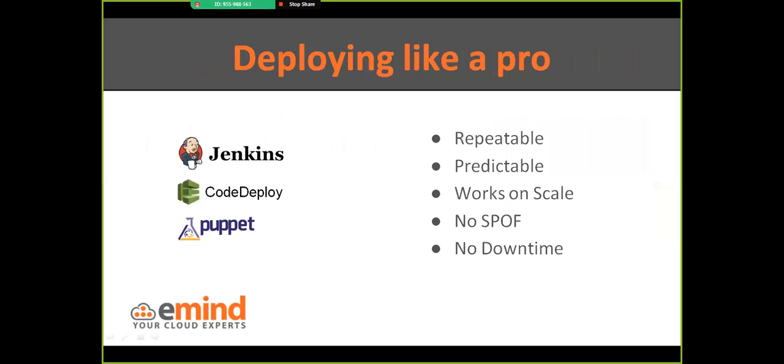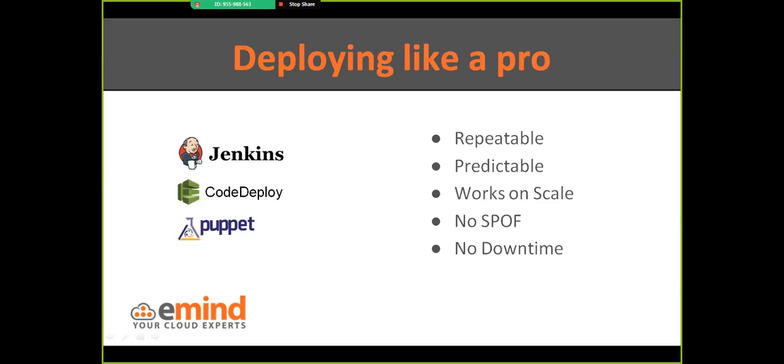So by the end of this session, you will have the basic building blocks that will give you the knowledge on how you can build a delivery pipeline. This will allow you and your company to deploy your application on AWS in a predictable and repeatable way. And most important of all, it will be easy to use from the Jenkins UI.